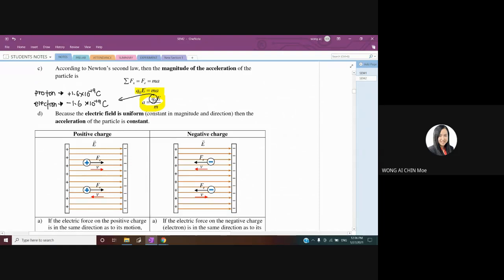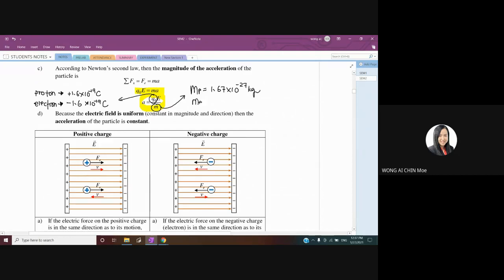And again, m, if you don't know the value, actually it will be given in the constant list, but in case you don't know, you can press the calculator, where your mp, you press constant 0, 1. So you will get mp is 1.67 times 10 to the power of negative 27 kg.